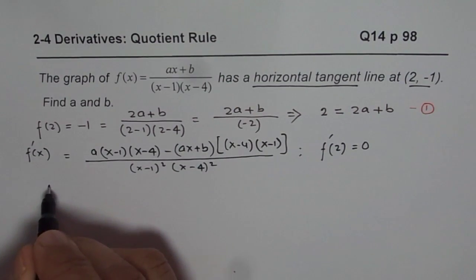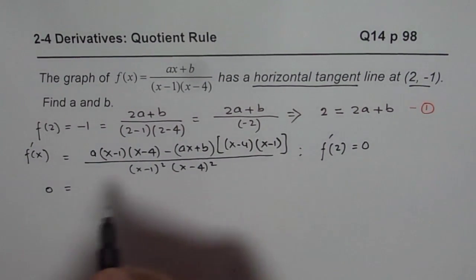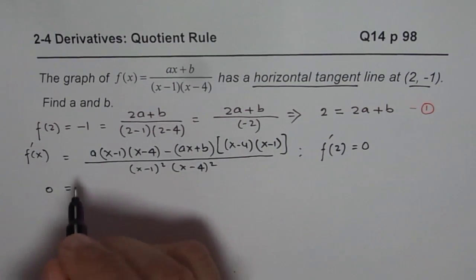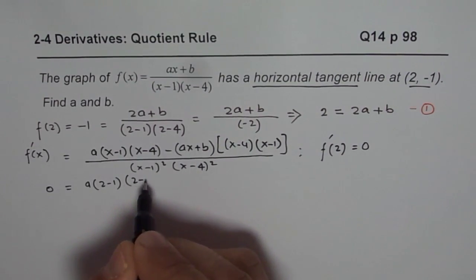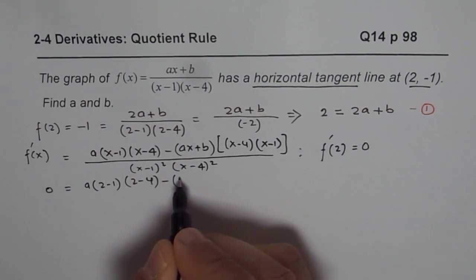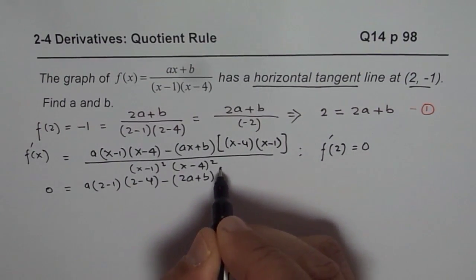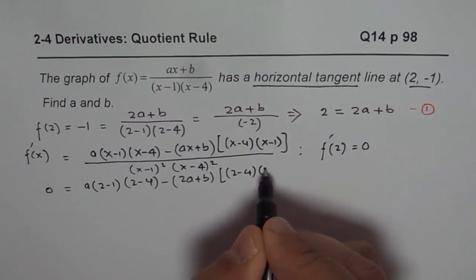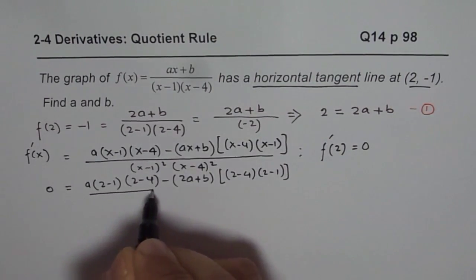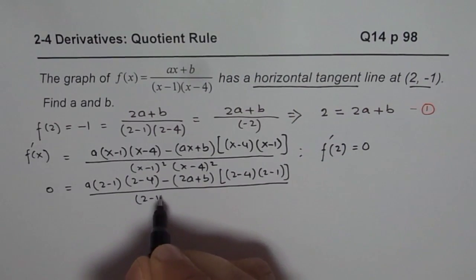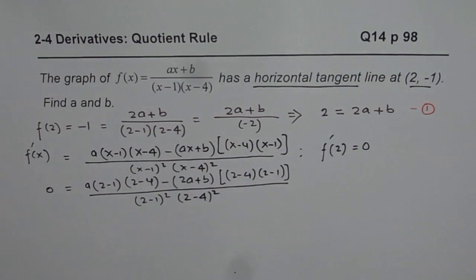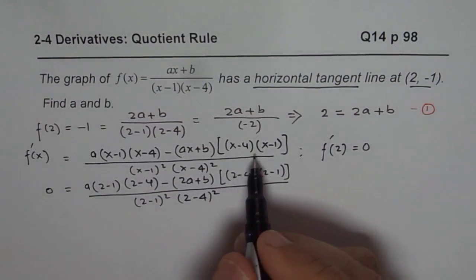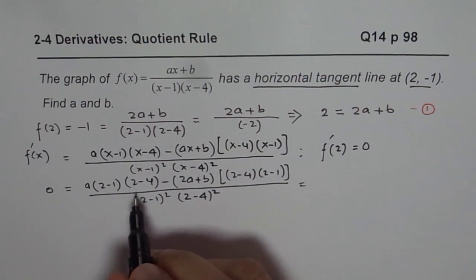I'll write 0 equals a times (2 - 1)(2 - 4) minus (2a + b) times (2 - 4)(2 - 1), over (2 - 1) squared times (2 - 4) squared. This helps you simplify much faster. So don't try to reduce your equation to a simpler term. Just substitute 2, right? So what do you get?